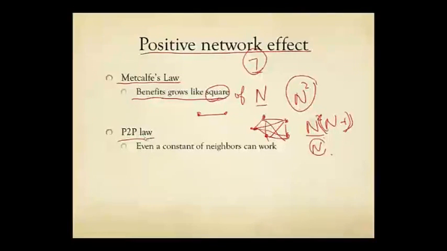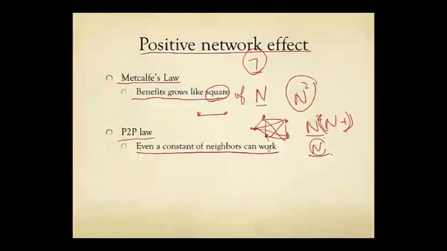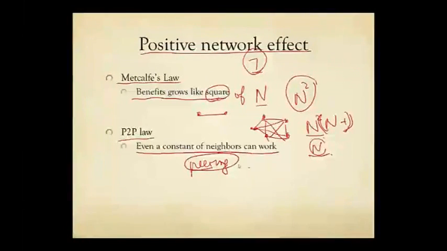But do you really need the number of links per node to grow as a linear function of n? Not quite. In fact, in P2P law, we basically will see a refinement of this Metcalfe's law. We'll see that even maintaining a number of neighbors that is a constant can work as long as the pairing relationships are carefully designed.